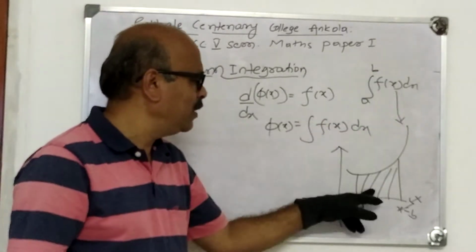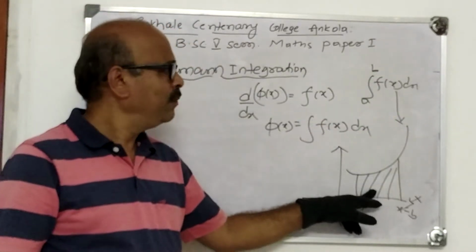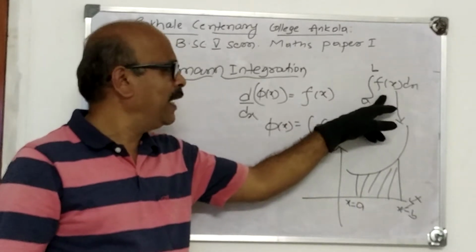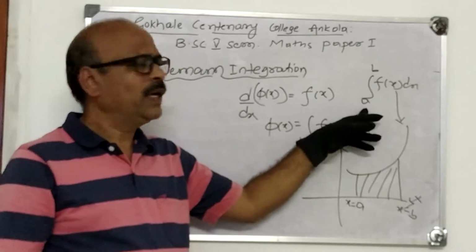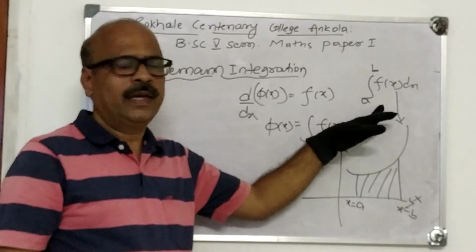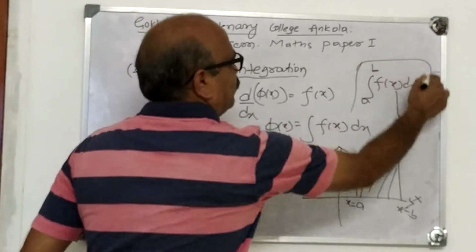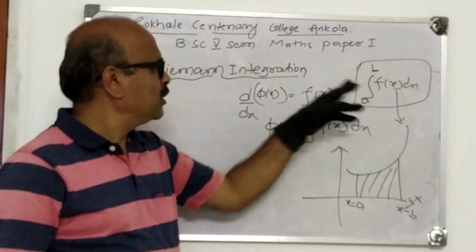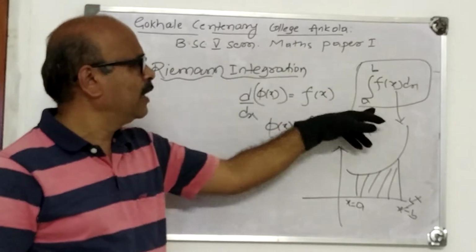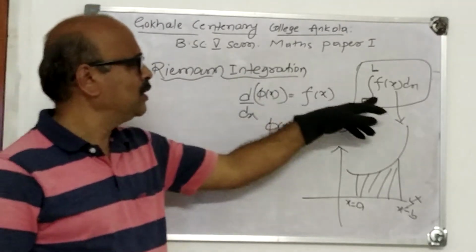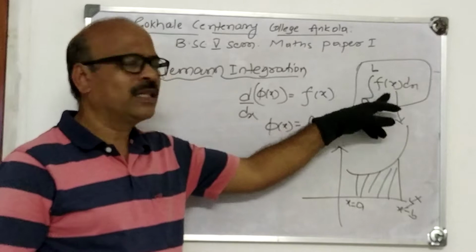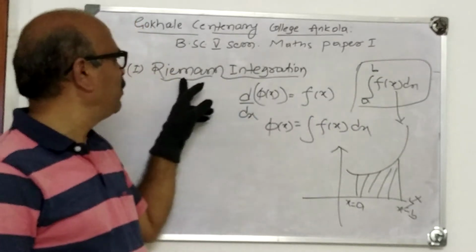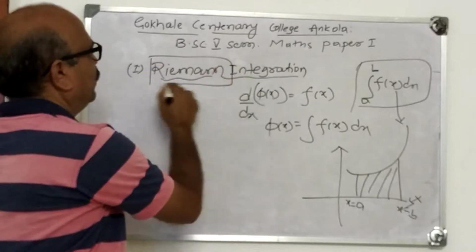The definite integral a to b f of x dx represents this area, and it is defined as the limit of a type of sum. It is purely treated as arithmetic, and the first satisfactory or rigorous treatment of this definite integral as arithmetic, a type of limit of a sum, is given by Riemann.